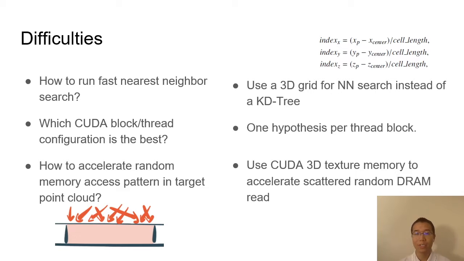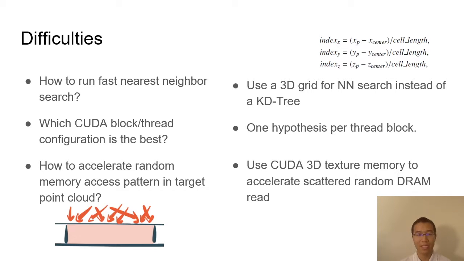During search, we can directly find the index of the target cell and then search the nearest cells to see whether there is a point close to that cell. The second problem is how to use the correct configuration of threads and blocks. We find that if we use one hypothesis per thread block, we can get the best performance.